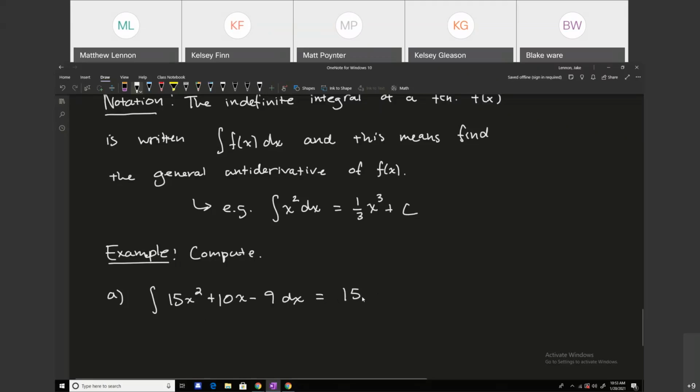So we would have 15x to the third, then divide by 3, plus 10x squared over 2, and then minus 9x, and then add our constant on. Again, for the first 2 terms I'm using that third rule, and for the minus 9, I'm using the second rule, which just says tack an x onto a regular constant. Again, 15 over 3 is just 5, so this is 5x cubed plus 5x squared minus 9x plus a constant.